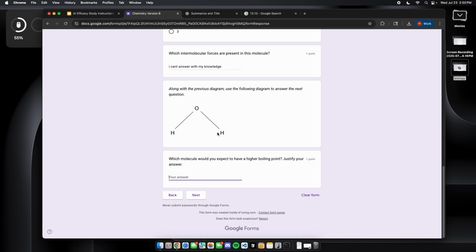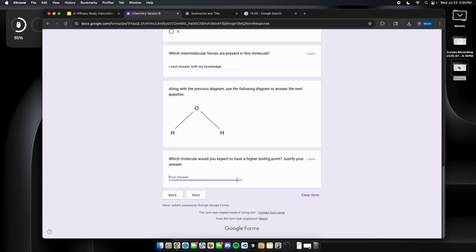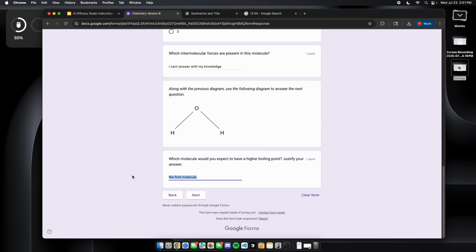No, this is two hydrogens and one oxygen. The first molecule. Well, actually, the second molecule, because of hydrogen bonding.